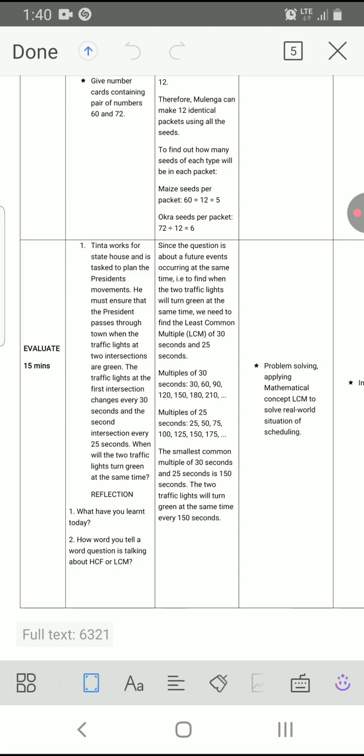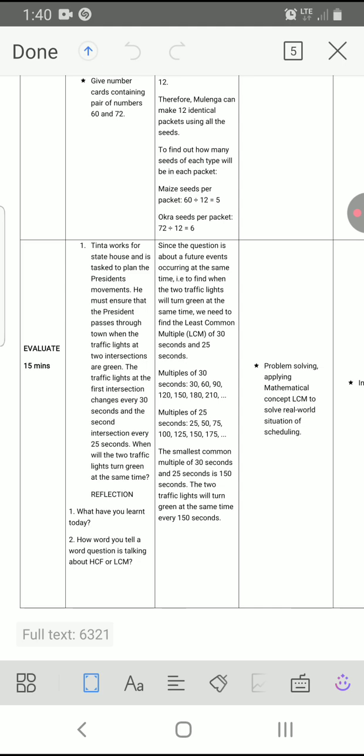At evaluate stage, we have given one scenario question. Tinta works for State House and is tasked to plan the president's movement. He must ensure that the president passes through town when the traffic lights at 2 intersections are green.